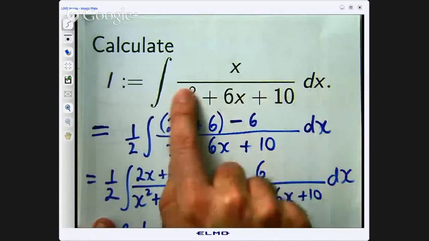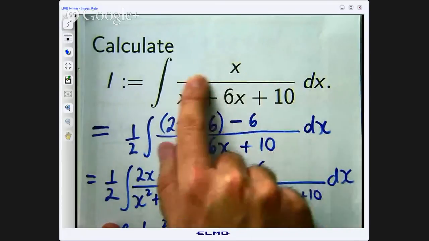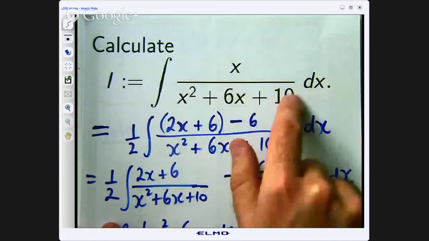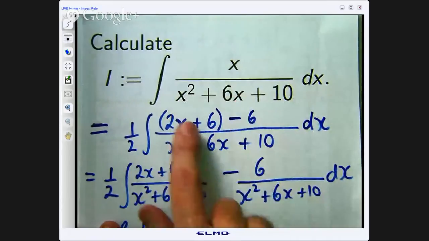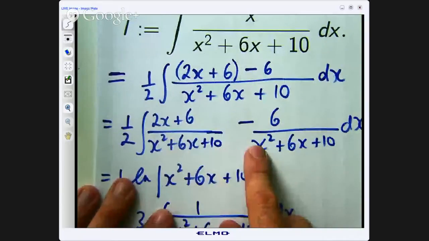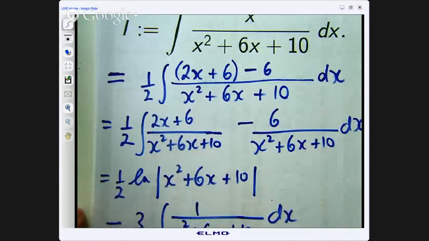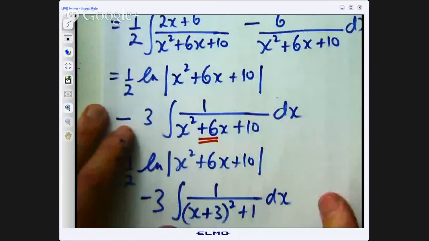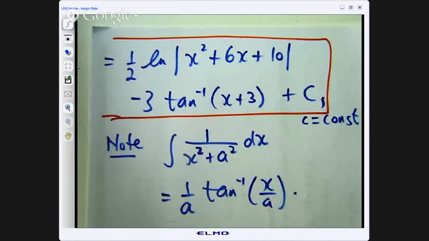What we wanted to do was try to get the numerator to be the derivative of the denominator. The derivative of what's down here is 2x plus 6. So I wrote that down and then I massaged it, and I broke it up into two integrals. This will lead to a logarithm. This will lead to an inverse tan. And we just went through the motions and we got down to that.